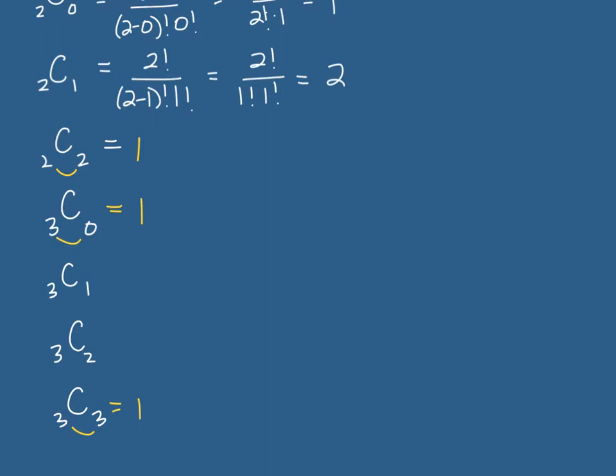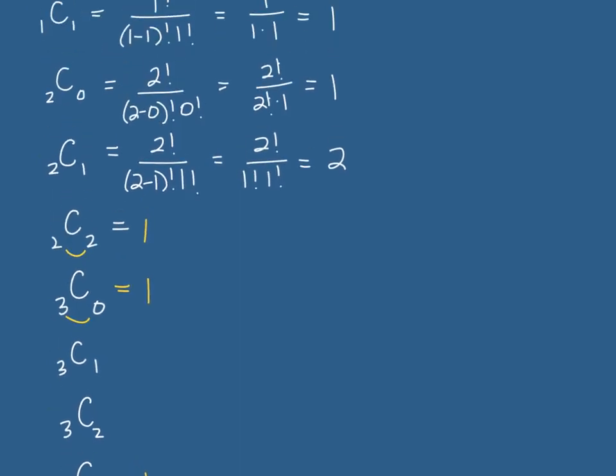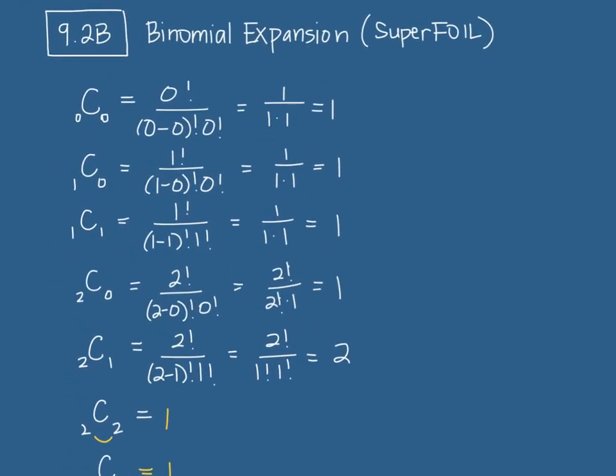And he started to notice some patterns coming over and over as he was doing this. Every time I do it with matching terms, I get 1, or if I do 0, I get 1, but then the other in-between ones, I don't. So Pascal took the results of this and he started to arrange them in a triangle.